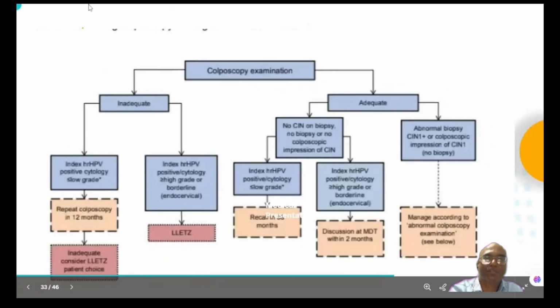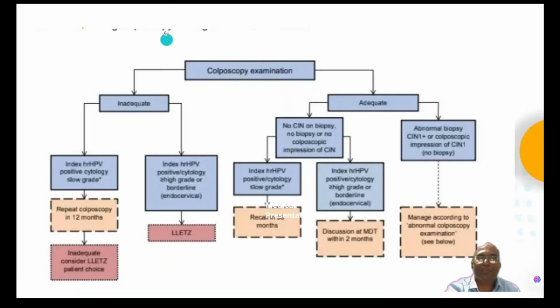Okay, so same thing. Now let's see. You had HRHPV positive and the cytology showing some abnormality, that may be low grade or high grade, and you are sending the patient for colposcopic examination. Colposcopy may be adequate or inadequate. So you have done the colposcopy, but the colposcopy is inadequate.